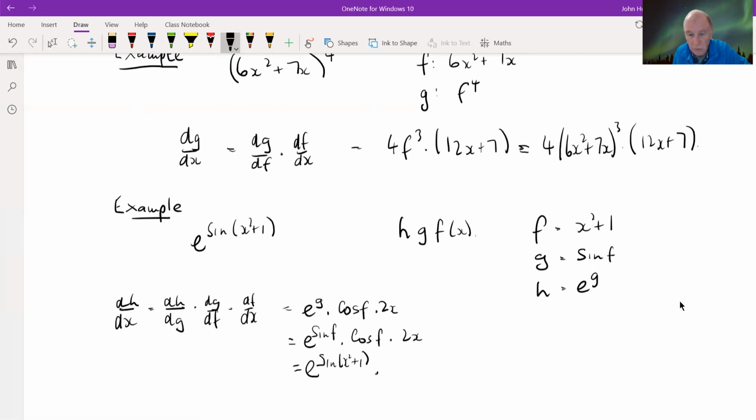Well, f is x squared plus 1, so we've got cosine of (x squared plus 1), times 2x. So this is the derivative of that.